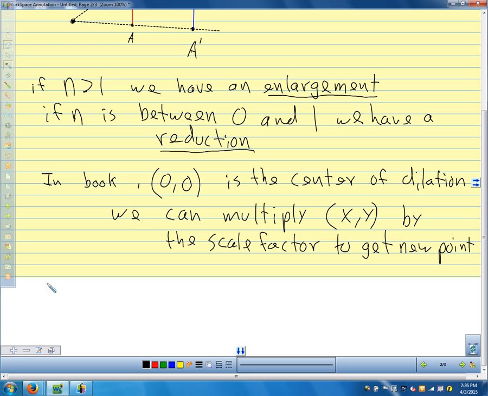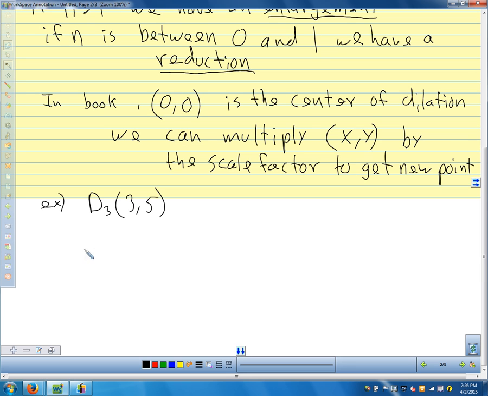So for example, if we wanted to find dilation of 3, (3, 5): D tells us to do a dilation. Three tells us that the scale factor equals 3.